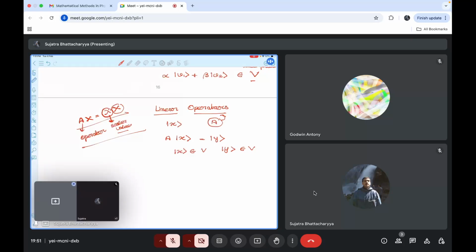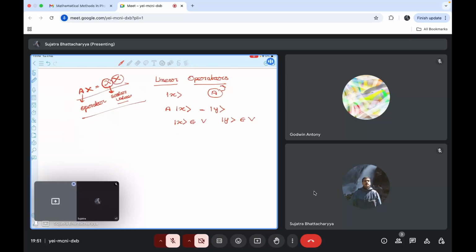So how do linear operators work? If this operator is operated on alpha times x plus beta times y, where x and y belong to some vector space B, this can be written as alpha times A of x plus beta times A of y, because this operator will always act on a vector, not on the scalar.